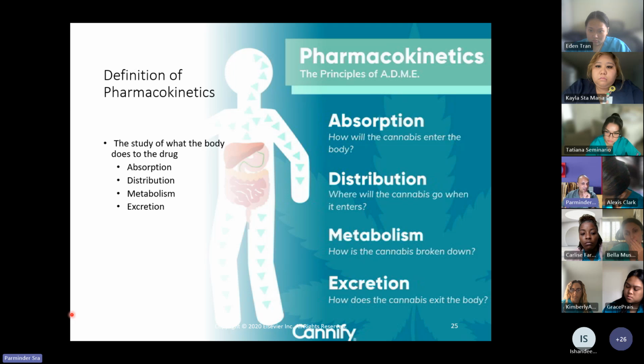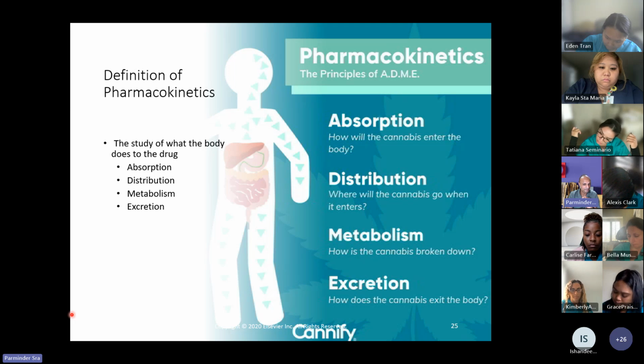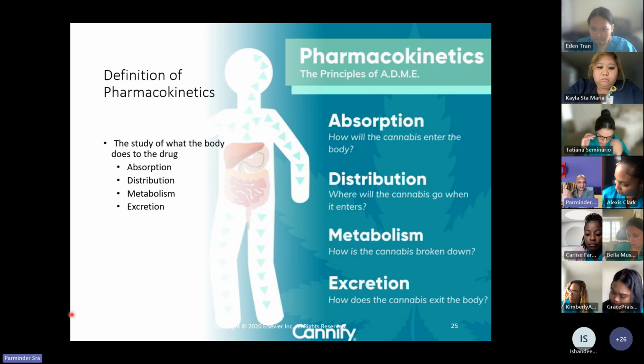Metabolism is how the body chemically alters or changes the drug, which happens in the liver, either into an active or inactive form. That is metabolism. If somebody asks you which organ is involved in metabolism, that is the liver. If somebody asks you which organ is involved in excretion, that is the kidneys. So know that, please, okay? That's important. So the liver either converts the drug into a more active or an inactive form to flush it out of the body.